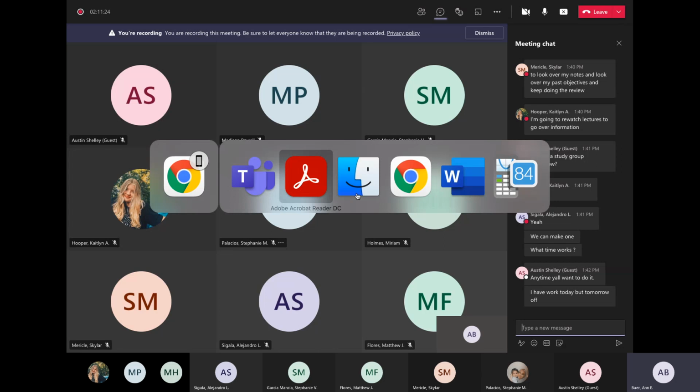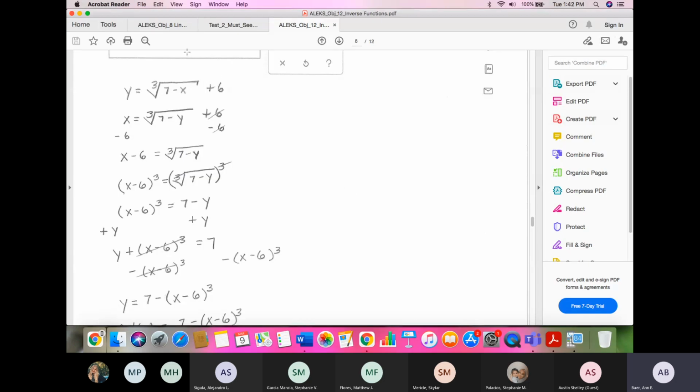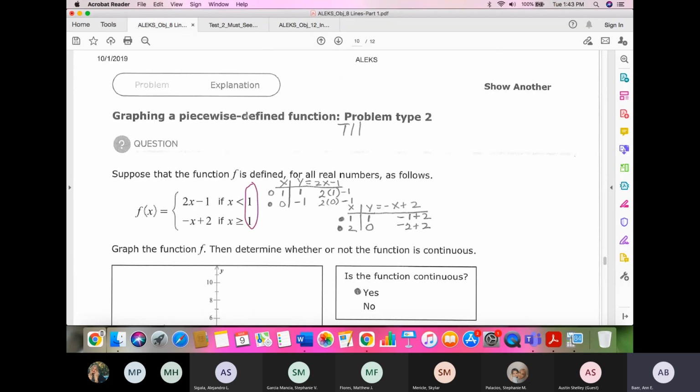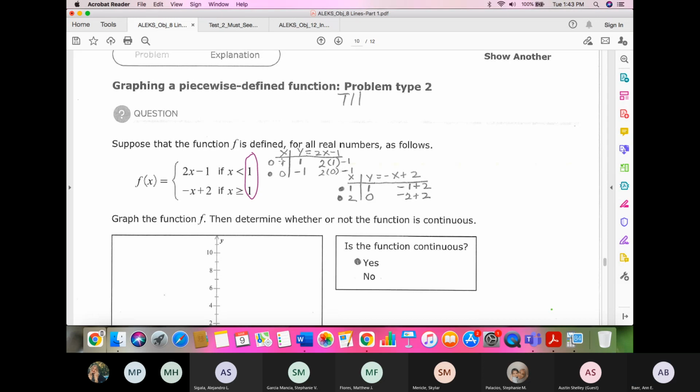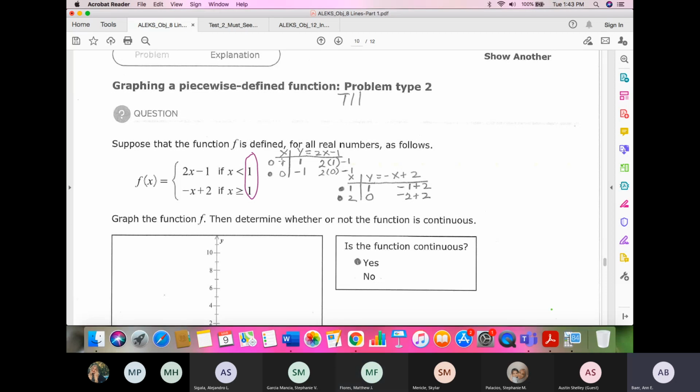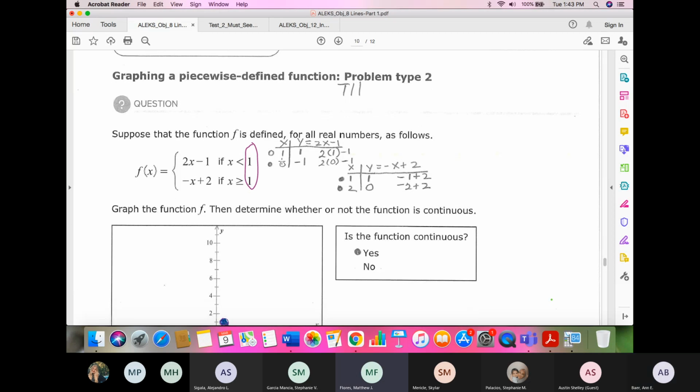I already have that up to take a look at. So you're talking about this problem right here, right? Yes. So let's take a look at this. Do you have any specific questions on this? Well, I guess I just don't understand it in general.